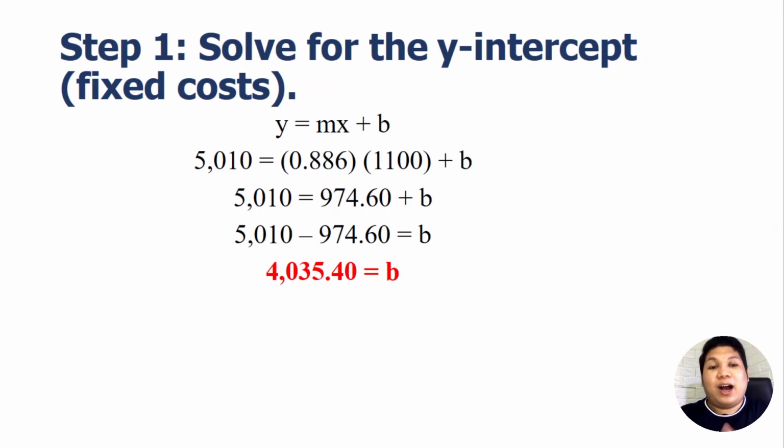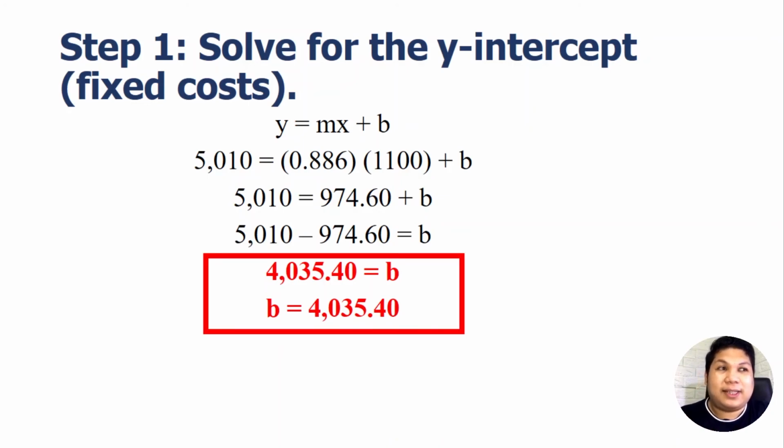4,035.40. In our solution under the scatter graph method, the b, the fixed cost, the y-intercept, was approximately 4,100. But using the high-low method, our y-intercept, or the fixed cost, is only around 4,035.40, which is slightly lower than the previous computation.